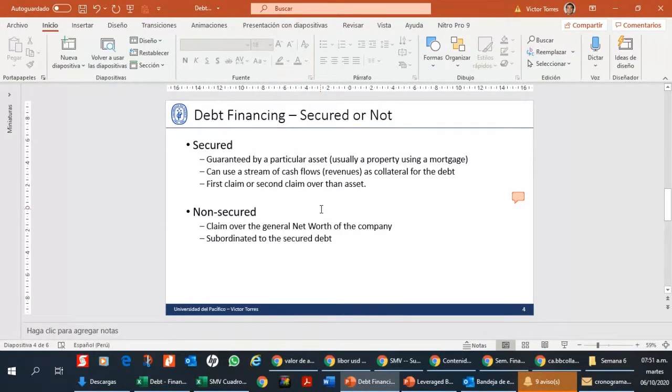In particular, if we're talking about a property or a building, it is very common that you end up offering the bank an asset that is at least 1.5 times the loan that they are giving.